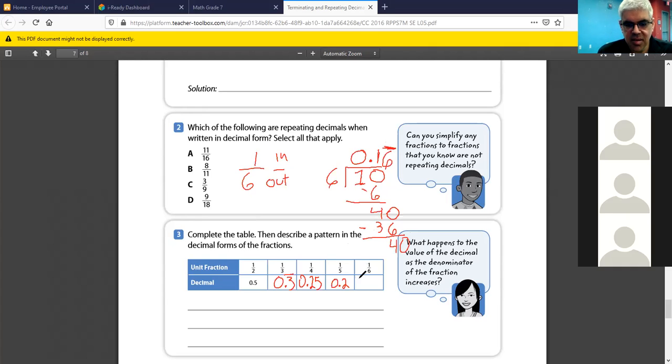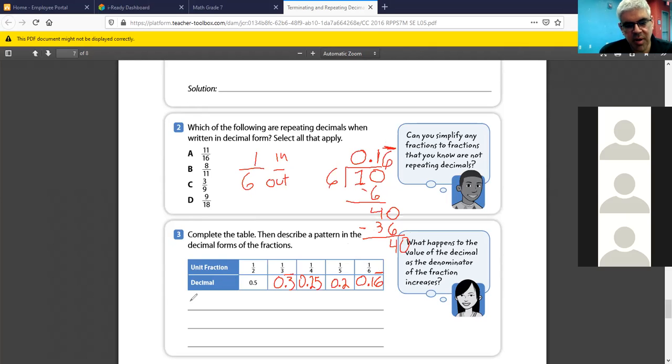Okay. So 0 point is about 17 cents, but not quite 17 cents. It's 16, but the 6 repeats. So this is a repeating decimal, and this is a terminating decimal.